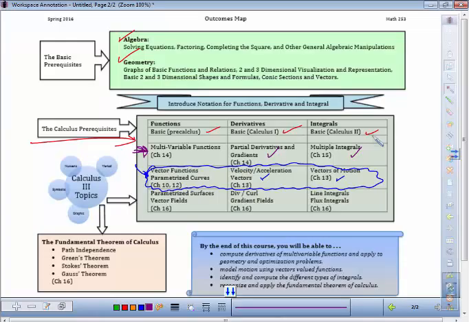And the derivatives will be in the same section or same chapter as the introduction, and then the integrals will be in the next section, because they require a lot more information, a lot more ideas and concepts that are new.